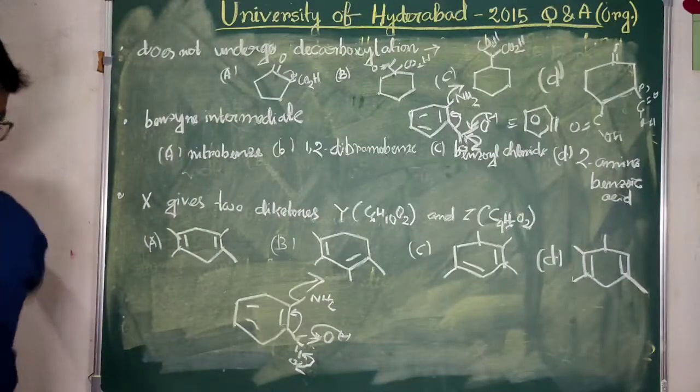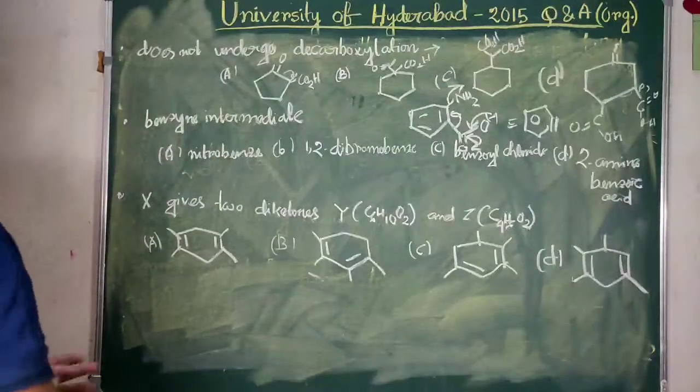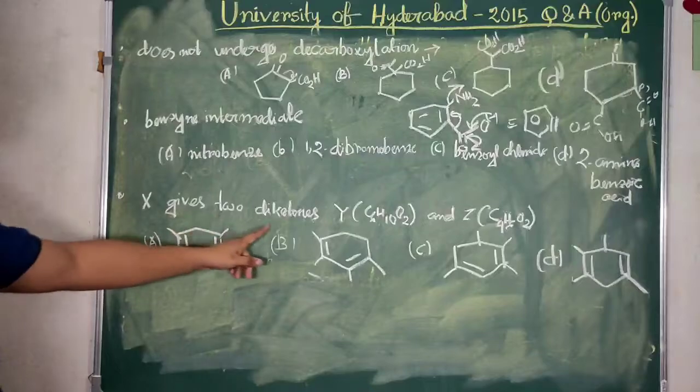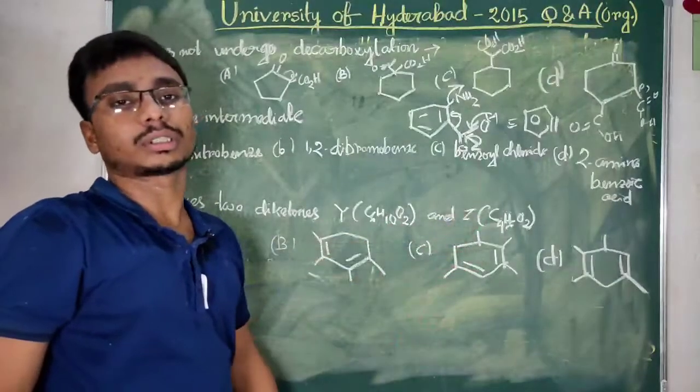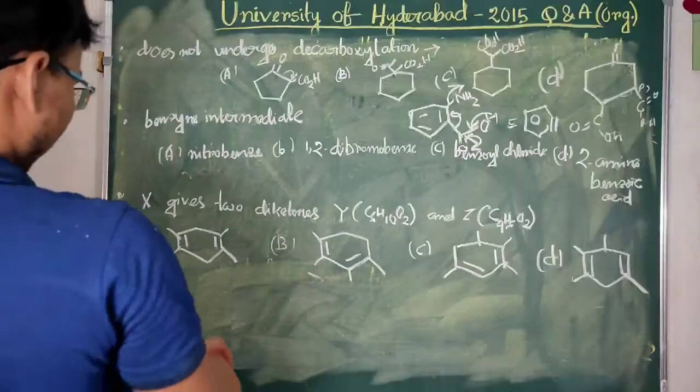Where is my duster? Acha, let's see. X gives two diketones, this and this, after ozonolysis. I didn't write the full question because of lack of time.